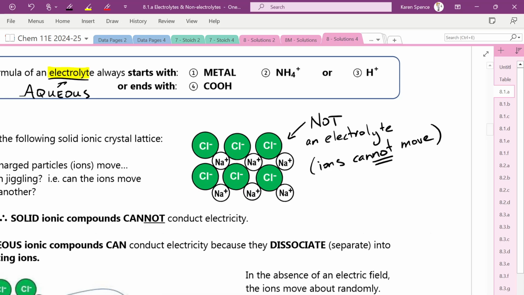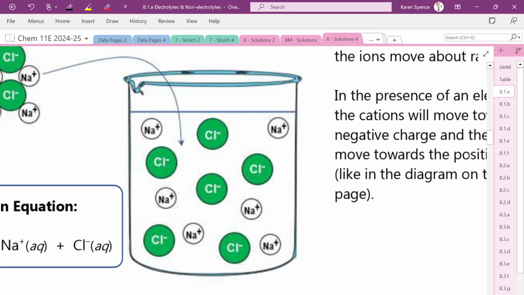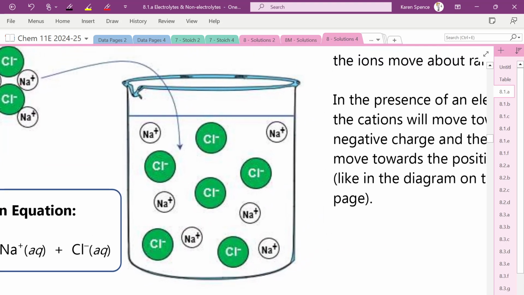However, if we dump it into water, what do those ions do? They dissociate, and we get our dissociation equation. And now those ions can move around as much as they like.